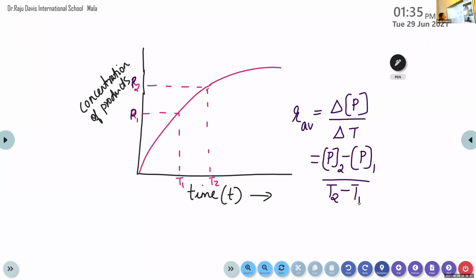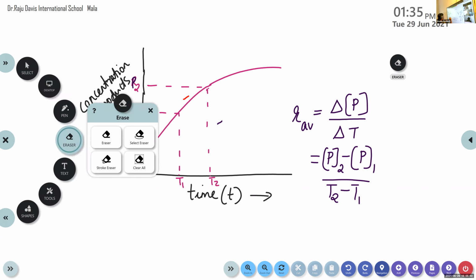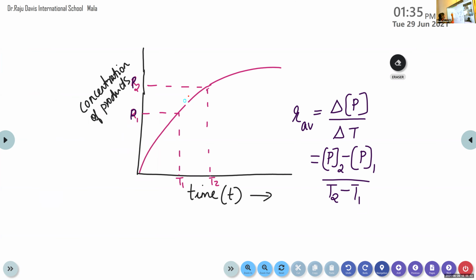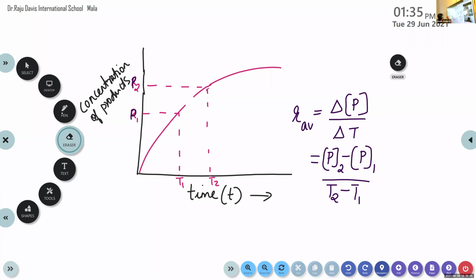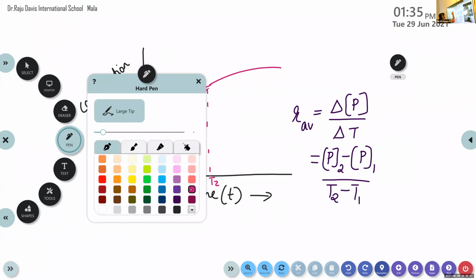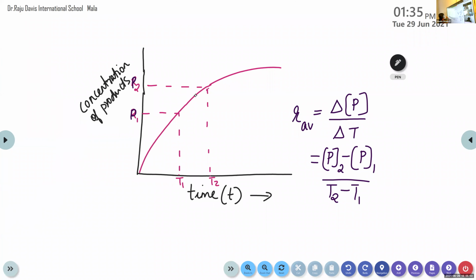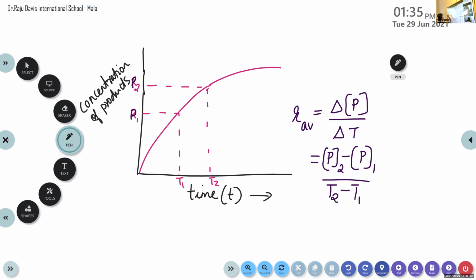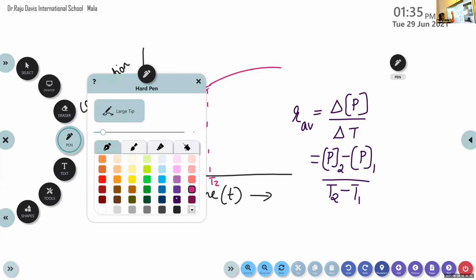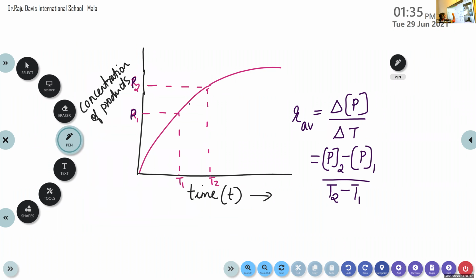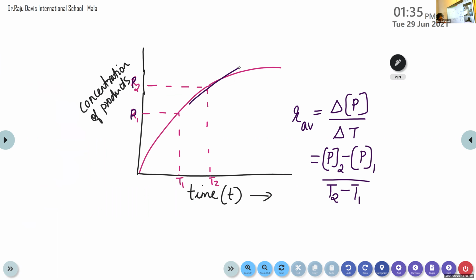Again we can draw a tangent. Just wait. Draw a tangent here. Then we can join this one.